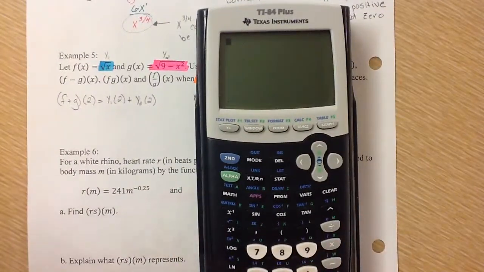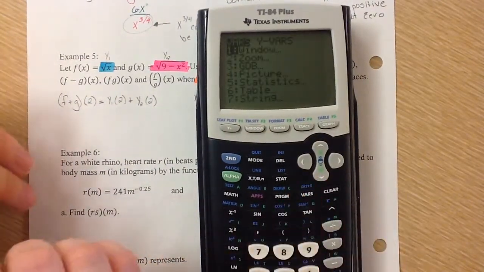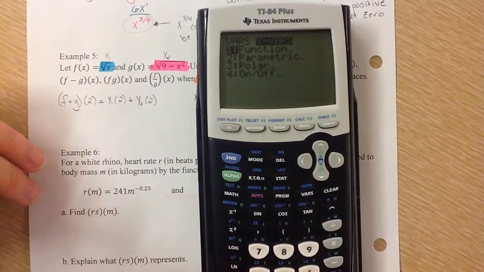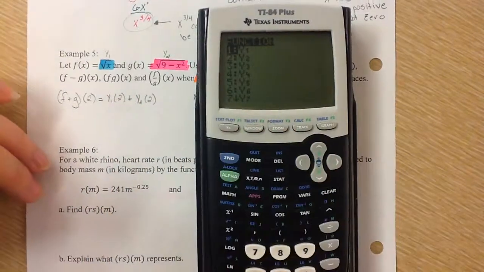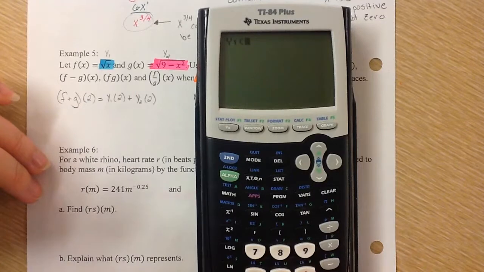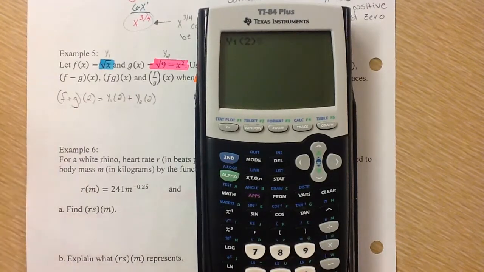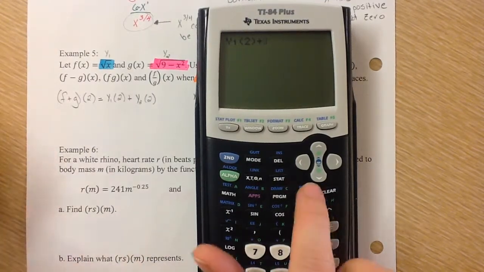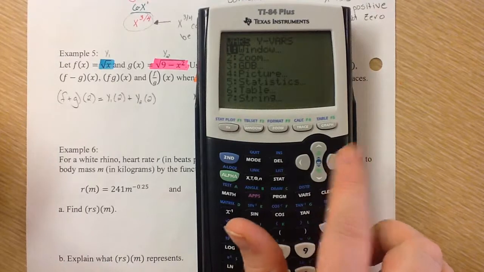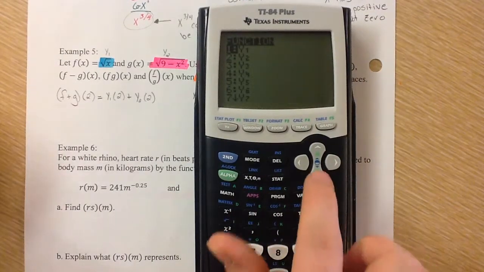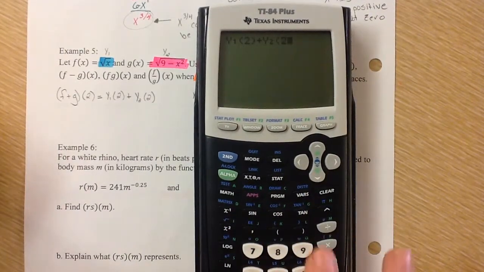So I can actually get this by going to vars, yvars, function, y1, and then in parentheses putting a 2 behind it. So that's y1 of 2. And I want to add to that y2 of 2. So vars, yvars, function, now arrow down to get y2 of 2.